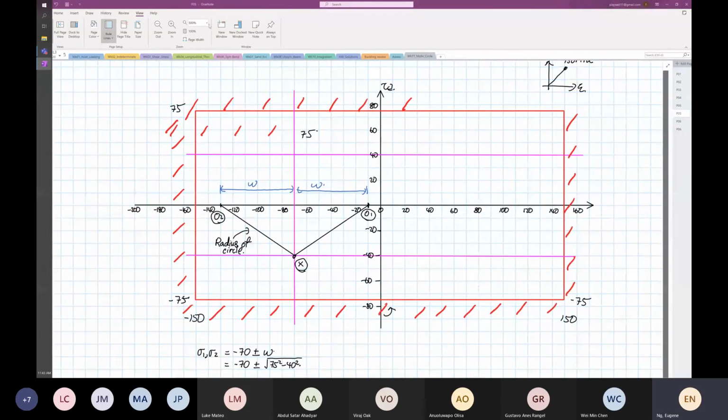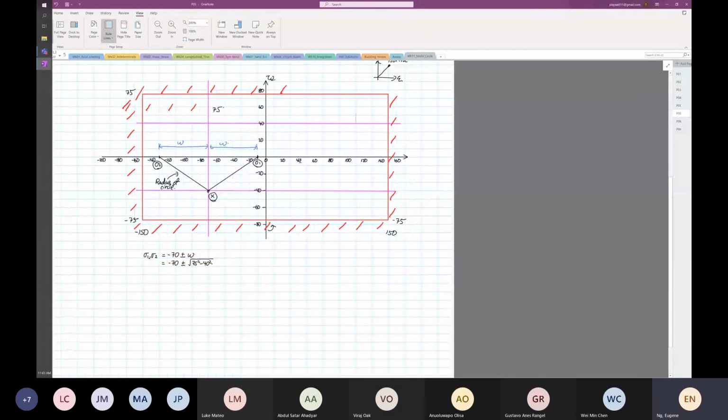Okay, let me zoom bigger now. I'll zoom out so you can see. So this will be equal to, is it 70? Yep, 70. So the square root of 75 squared minus 40 squared is 63.44.